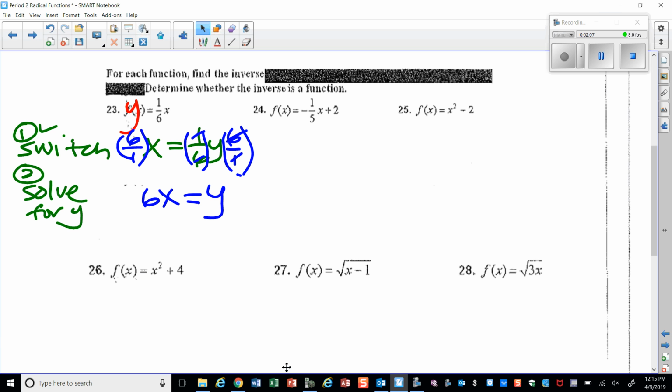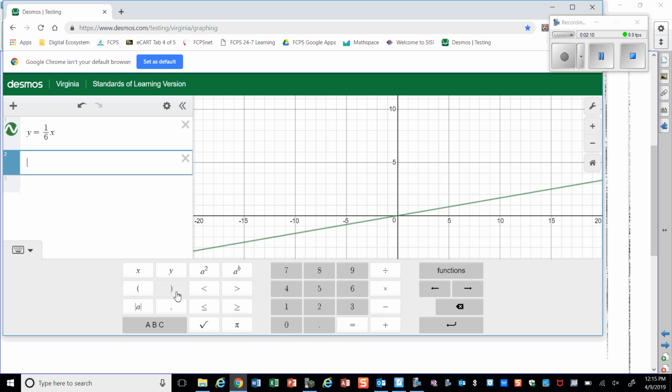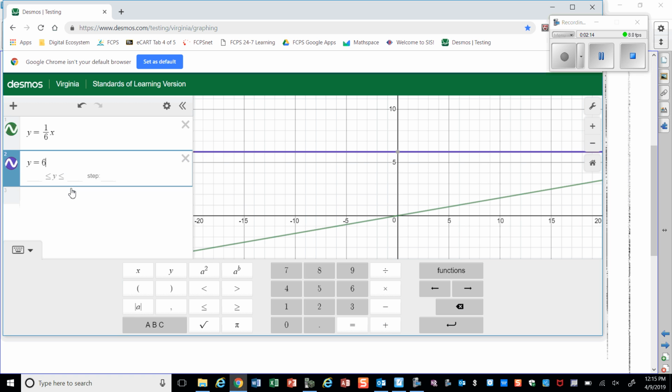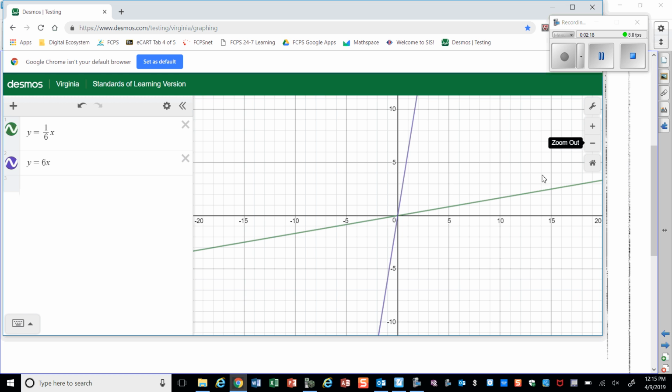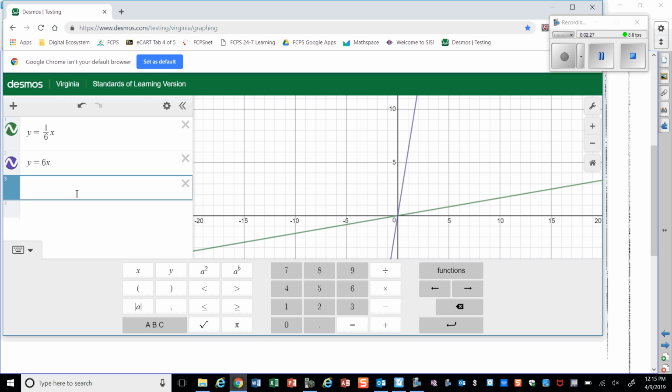All right, and so if I look at my calculator, and I have y equals 6x, there is the inverse. And you can look at that. Notice the inverse is a reflection over the line y equals x.